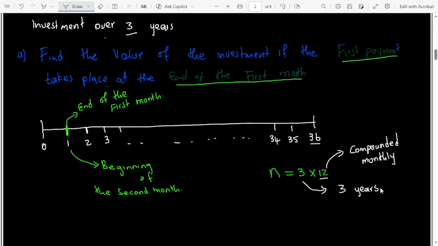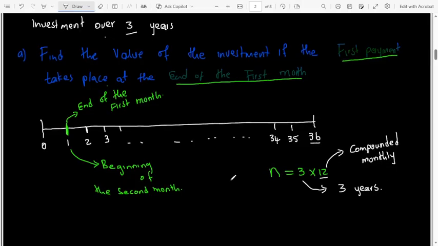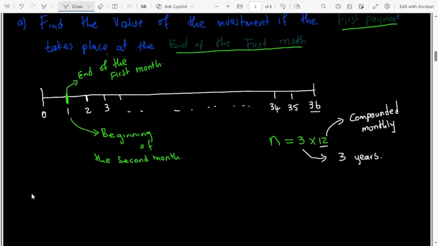Ladies and gents, I'm going to introduce you to something very important, something nice that we call the interest component. When you work with finance, you also have to check the interest component. So you need to ask yourself, what is the interest component?